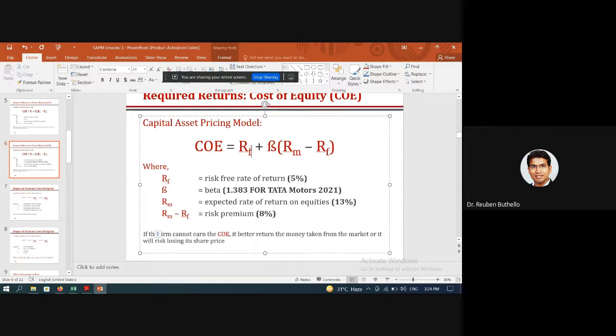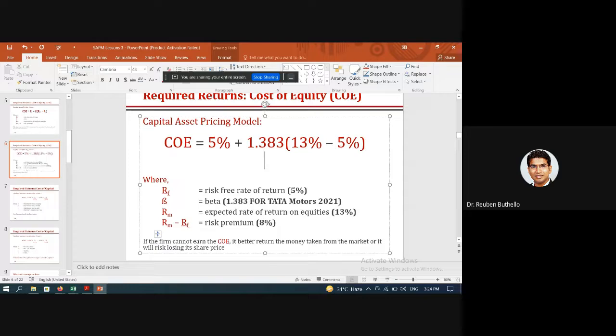Okay, so I've done this and now I'm going to punch in all the information. For RF, I'm going to replace this and put 5%. For beta, I'm going to put 1.383, and here I'm going to put 13% and here 5%. So if I were to calculate this, what will I get?